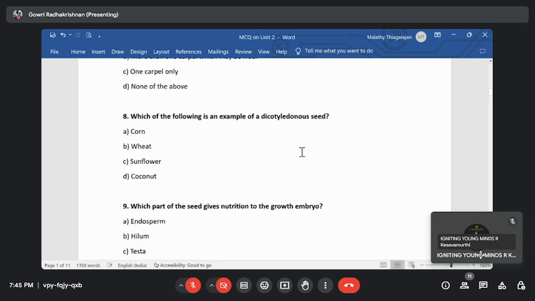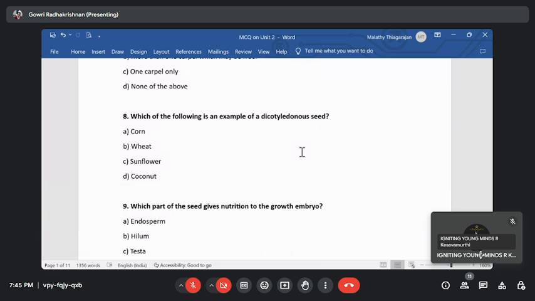Okay, now eighth. Which of the following is an example of a dicotyledonous seed? See, first of all, you can eliminate this very easily.